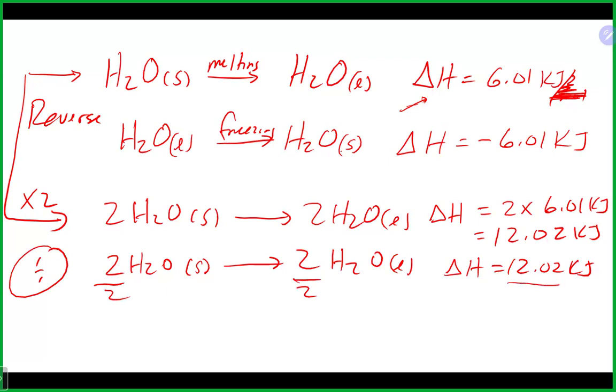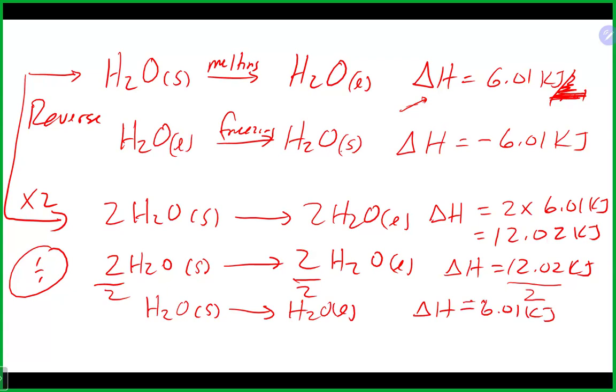What that does to the delta H is you also divide it by the common number as well. And that will lead you back to our original equation up on top, 1 water goes to 1 liquid water, and that will give us our delta H of 6.01 kilojoules.